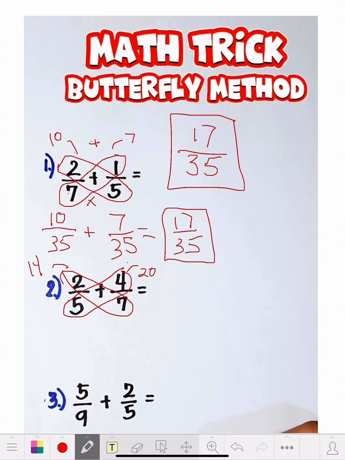It's a plus sign, so I carry the plus up. Now at the bottom, I'm going to do the X again. 7 times 5 is 35 again. At the top, 14 plus 20 is 34. So the answer is 34/35. And that's it.